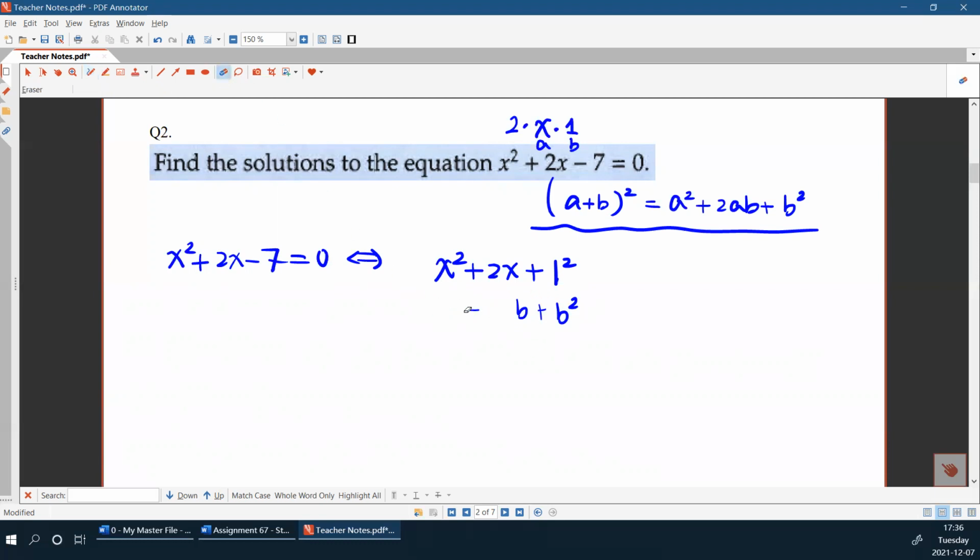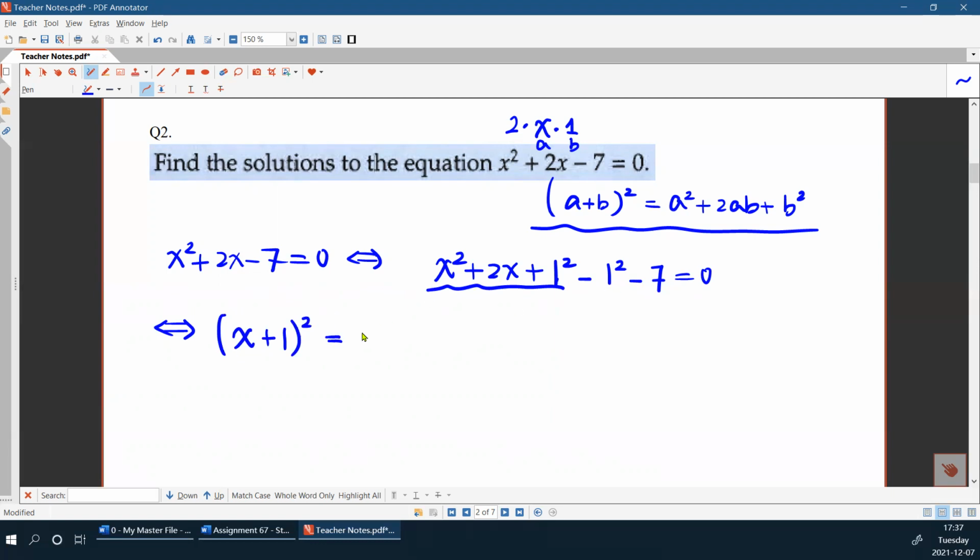Note that there is no 1 squared in the original equation, so you need to subtract it in order to make the new equation equivalent to the original one. Then copy the rest of the terms, which is minus 7 is 0. For the first part, we can use the formula. This is actually (x + 1) squared, right? And then minus 1 minus 7, which can be put on the other side, which is 8.